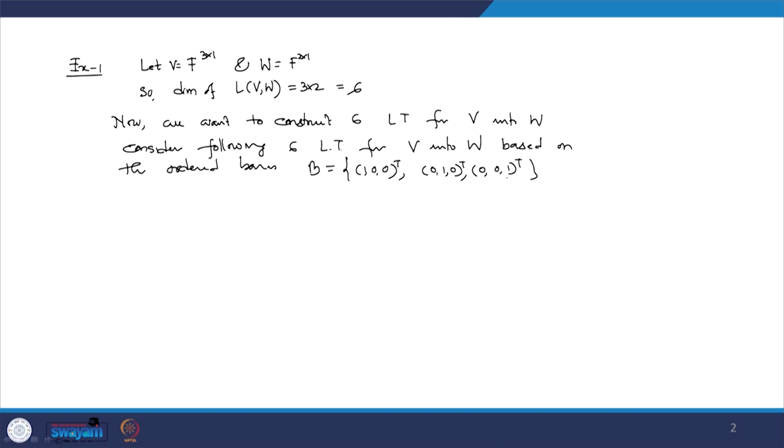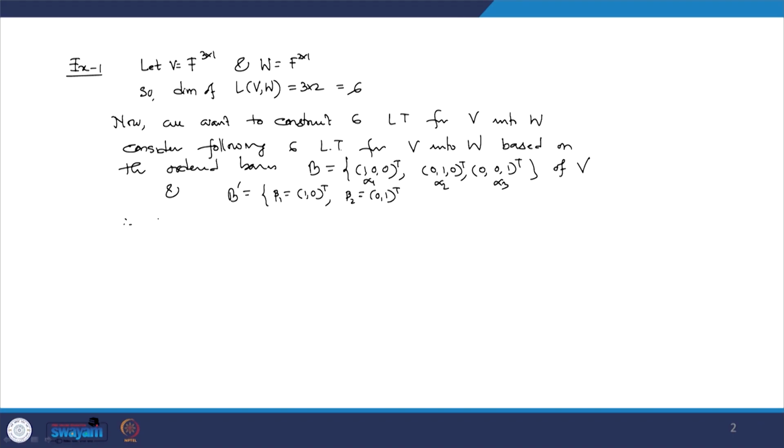This is one ordered basis of V, and B prime is equal to, let me consider, beta 1 equal to (1 0) transpose, and beta 2 is equal to (0 1) transpose. So, let me consider this is my alpha 1, this is my alpha 2, and this is my alpha 3.